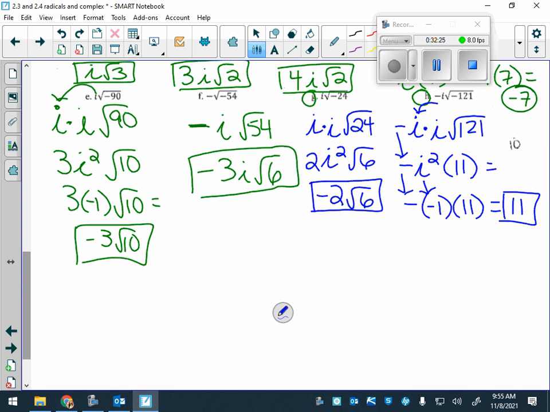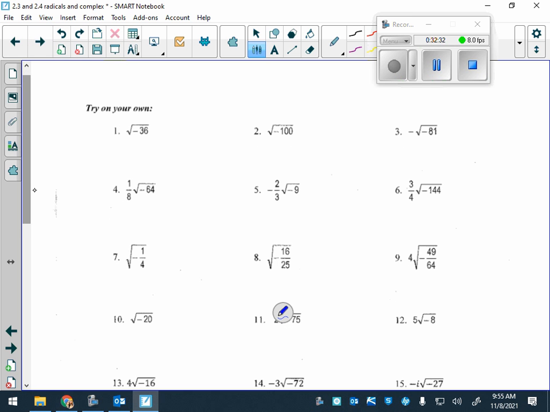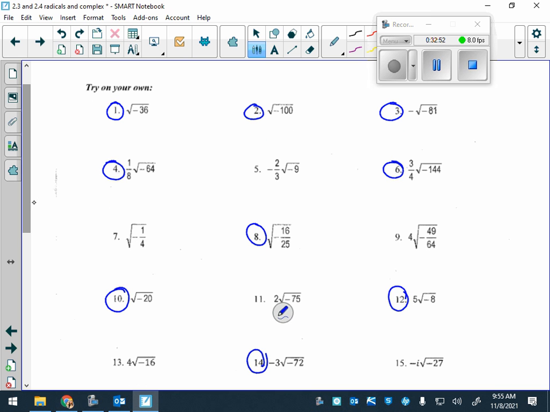Okay, so we're going to try a few practice problems on the next page. And we're going to go through these. So 1, 2, 3, 4, 6, 8, 10, 12, 14. So we should be circling these as I went through them. 1 through 4.